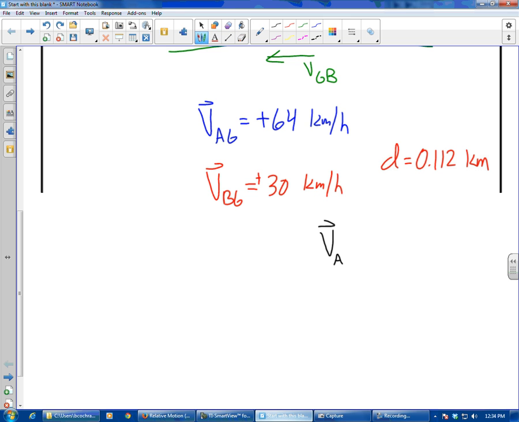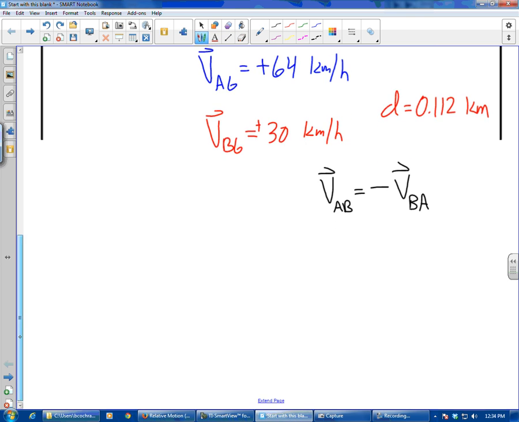Velocity of AB equals the opposite of velocity BA, right? And I also had the velocity of AB plus the velocity of BC equals the velocity of AC. Those are my two equations from my equation sheet, right?